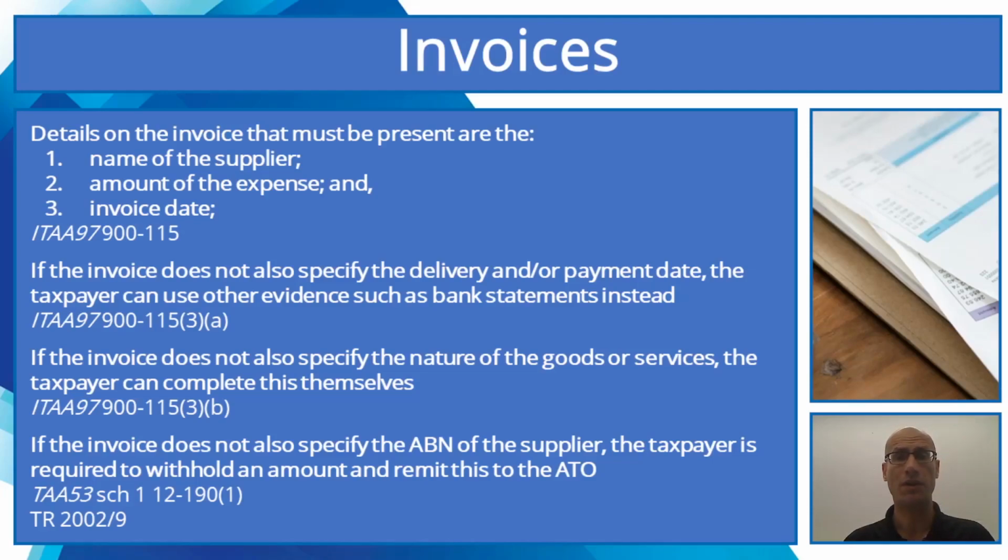So if you're in a situation where you have to draft an invoice, if you are the person selling goods and services, it is recommended that you put on your invoice your name, the amount of the supplies, the invoice date, the expected delivery date, the expected payment date, and the terms for those payments, so payment within 14 days, for example.